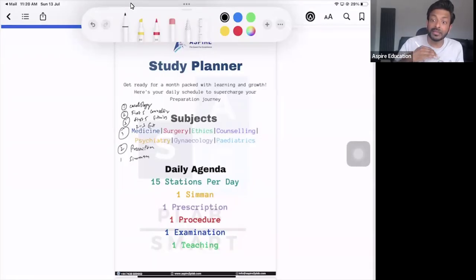Tell your practice partner, give me any station from these 100 stations. This is how you should be doing it. 100 stations in a day means 4, 5 days, you're done with the second reading, the second video you have seen, and we have practiced as well. And then if you wish, you can give another mock as well to see where you're standing.